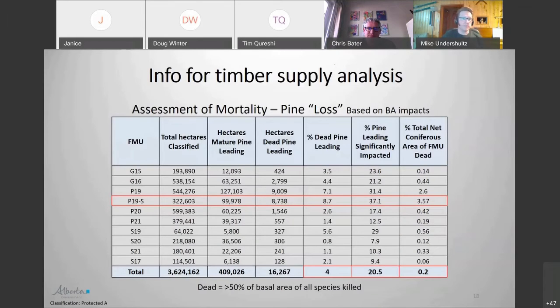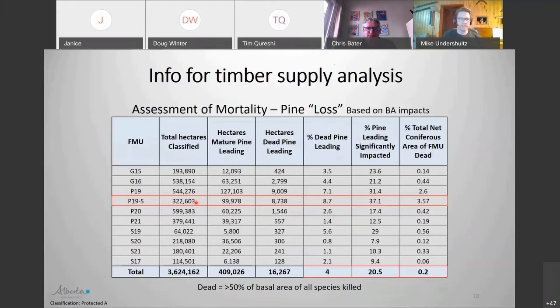Here's a sample of one of the primary reasons we set out on this project, which was to have a look at the timber supply analysis of this sort of cumulative impact. And I've just highlighted one example here of a forest management unit, P19 South. This was the hardest hit of the forest management units within the photography area. We photographed 322,000 hectares of the unit, which wasn't all of it.